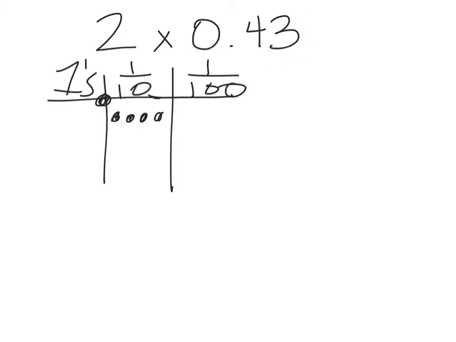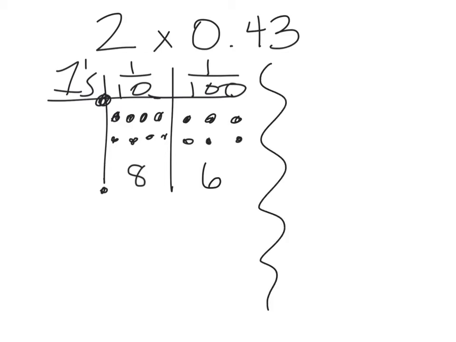And we have 3 hundredths, 1, 2, 3. I'm going to make 2 copies of each. Okay, so that gives me 4 8/10 and 6 hundredths.